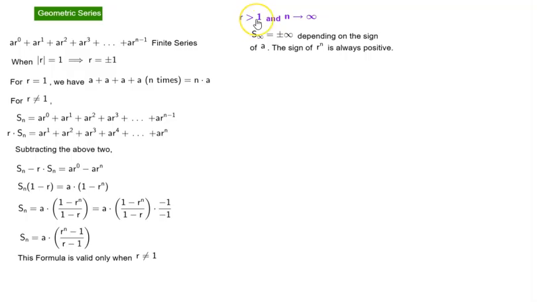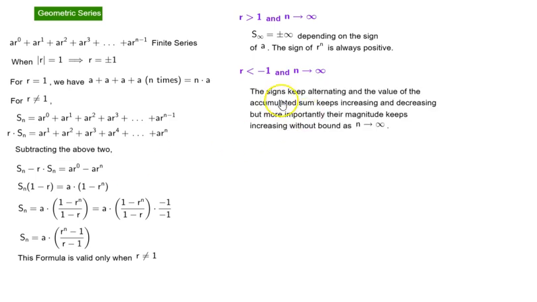Because when r is a positive number, all the terms will be positive or negative depending on the sign of a. Now, when r is less than -1 and n goes to infinity, the signs keep alternating and the value of the accumulated sum keeps increasing and decreasing.